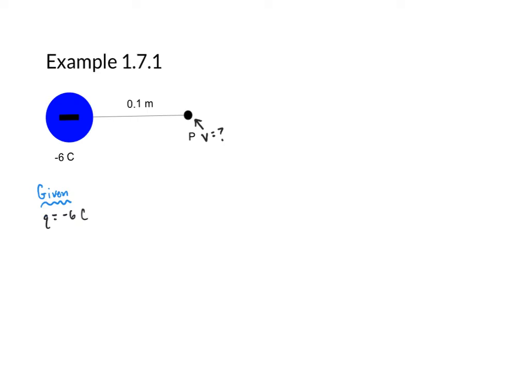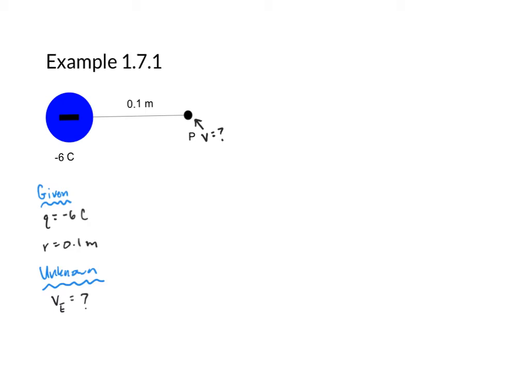And we also know that R, our distance from P to our charge, is 0.1 meters. That is all we know from the problem. Now let's list out our unknown. As I mentioned earlier, we're going to try to find our electric potential VE at point P. So that's going to be our unknown.